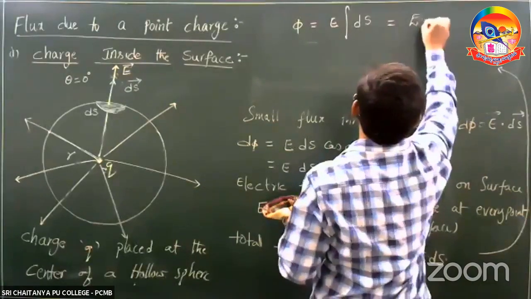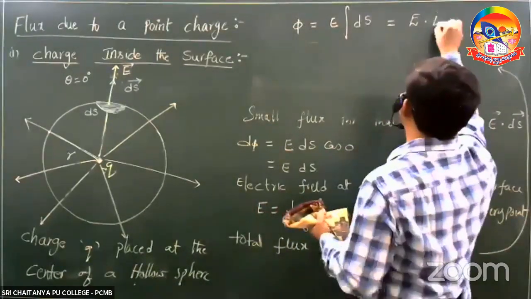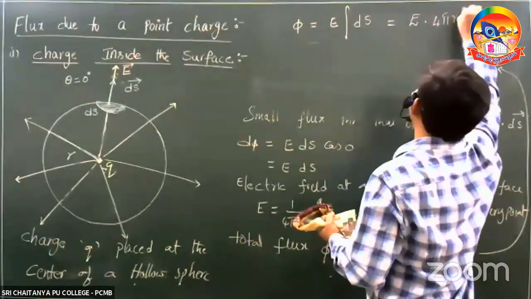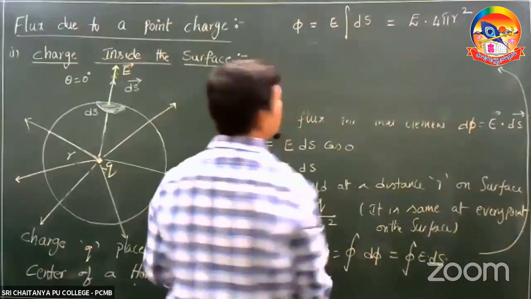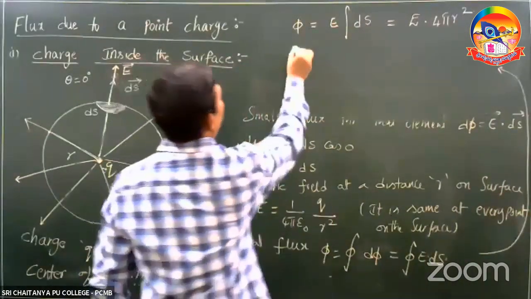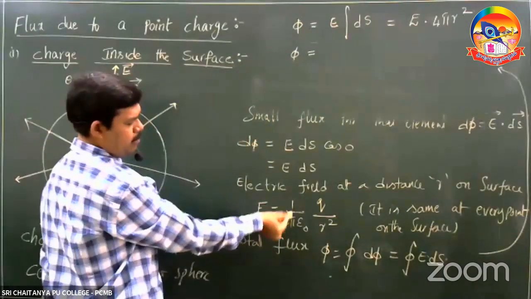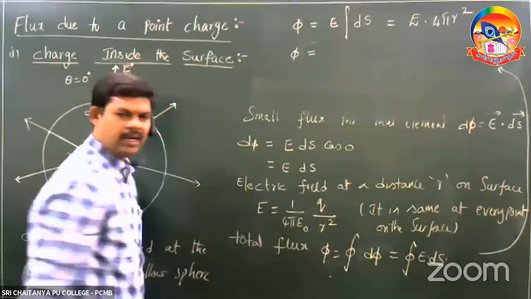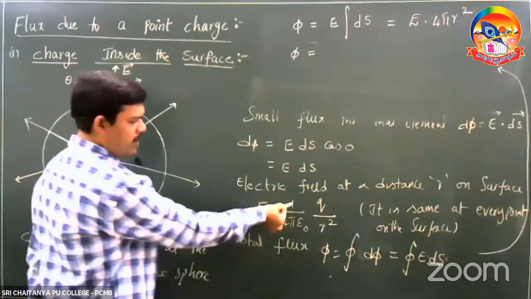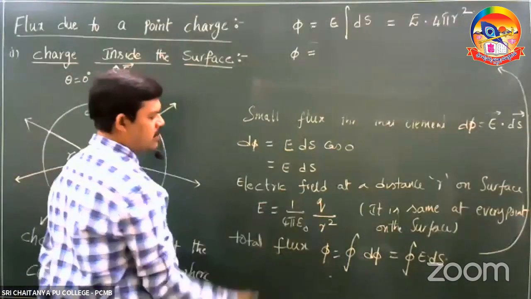So φ equals E times the surface area of this sphere, 4 pi r square, right? Now, what is E? E value is 1 by 4 pi epsilon naught Q by r square.